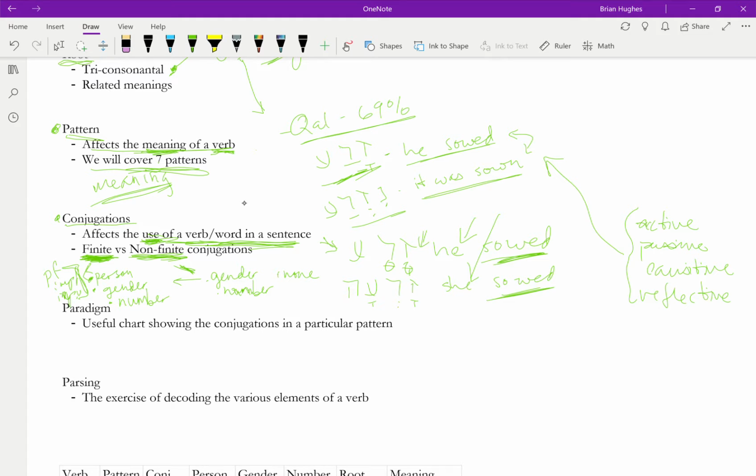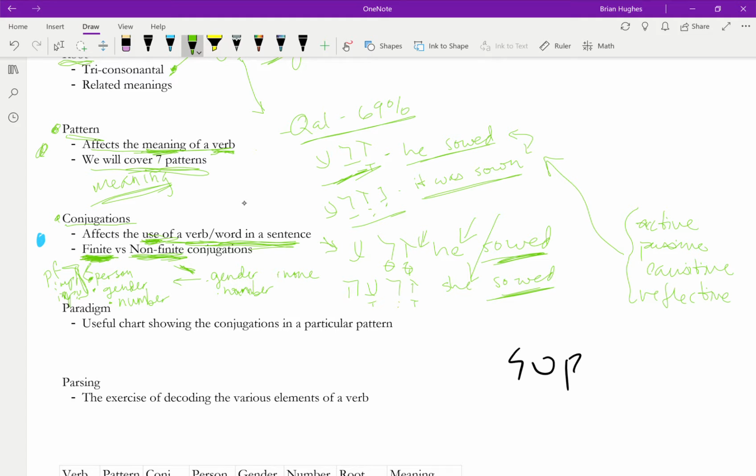Okay, and just in general, let's say green is for pattern, blue is for conjugation.